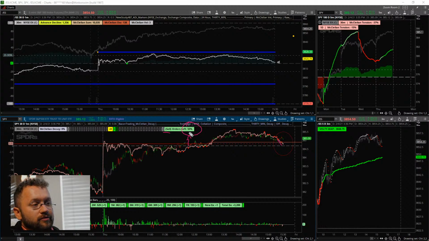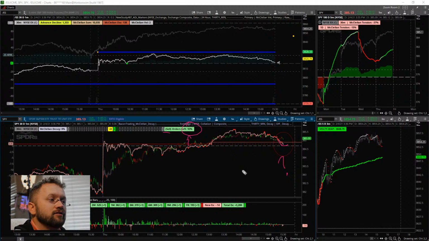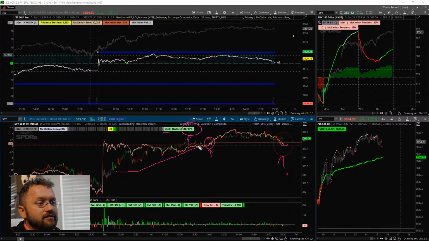Once this cools down, we're at 55, we're going to have ourselves a bullish sample. And the question that you need to be asking here is, will the bulls hit or won't they? And I think we have a bag holder. One potential issue is that these guys are paying out, but it's the majority who are selling, not the minority. So they could probably pay out in two directions.